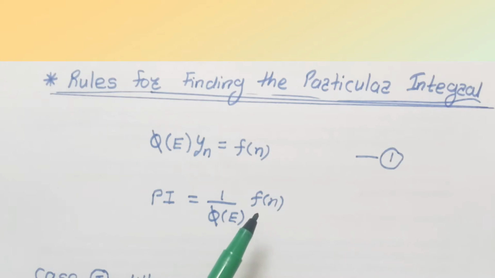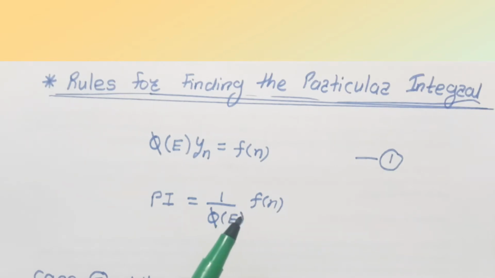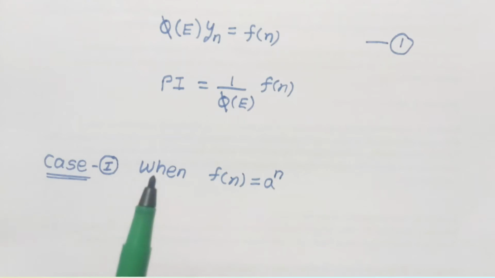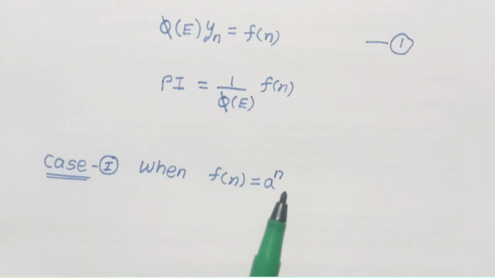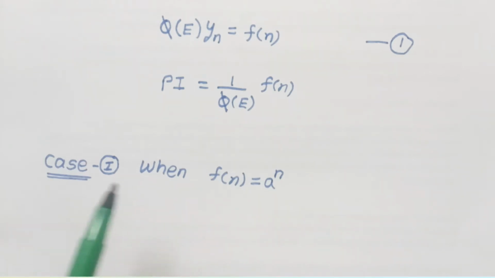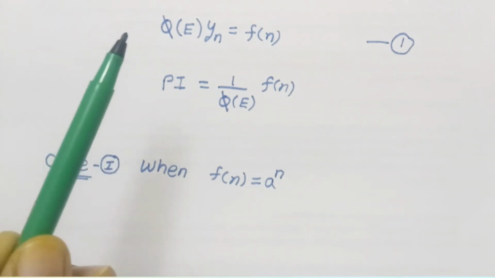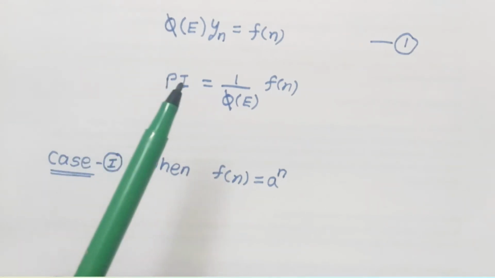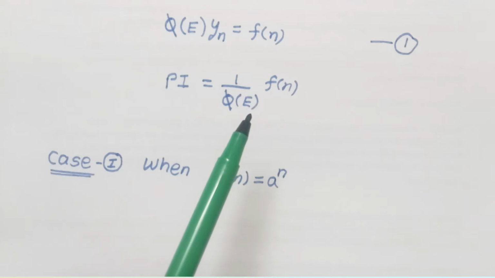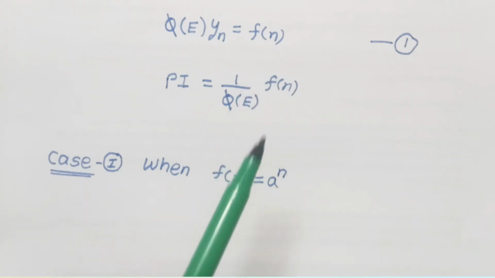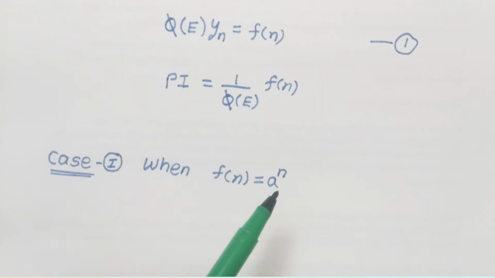So let's start with the first case corresponding to f(n). Case number 1 is when f(n) equals a raised to power n. Here a is a constant and our variable n is in the power of a. For all the cases we are taking the same equation number 1, and for equation number 1 we are finding the PI. So PI is 1 upon phi(E) as it is, and f(n) is a raised to power n.